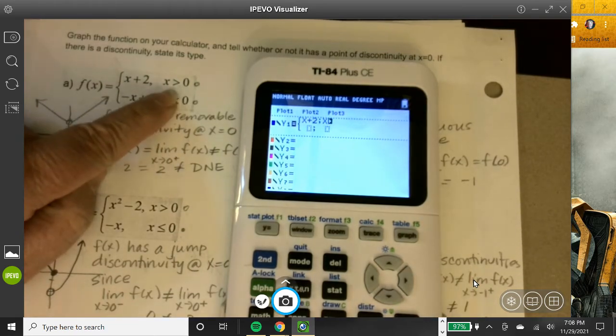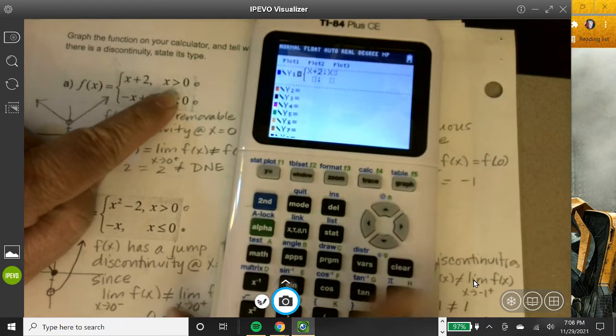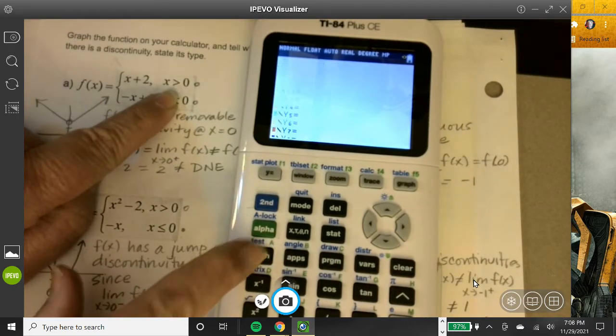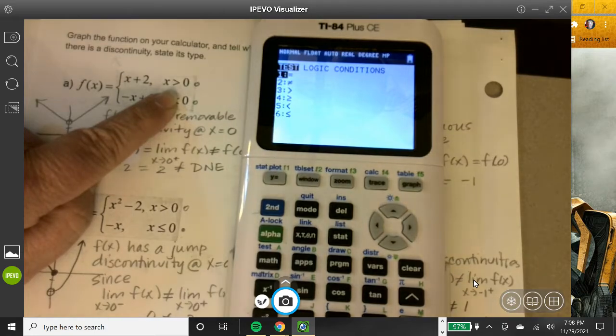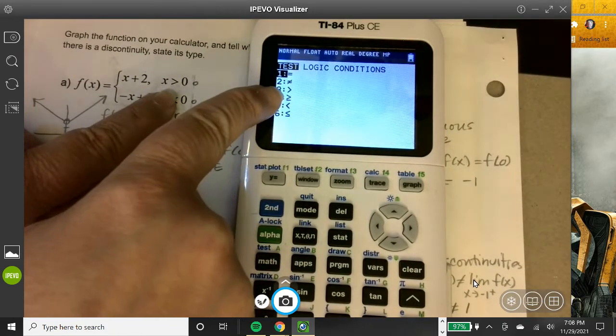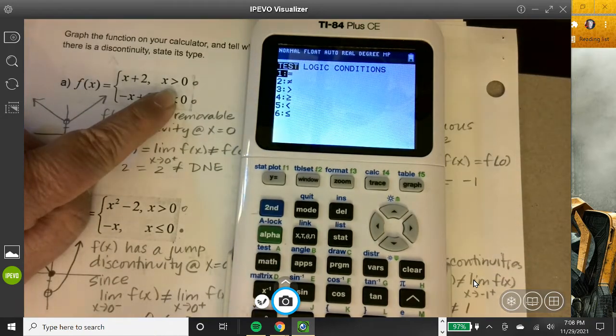Now, to get to the greater than, you have to hit second test. And that gives you the logic conditions. I'll make it less blurry here. So the logic condition is greater than. So I'm going to choose number 3, 0.